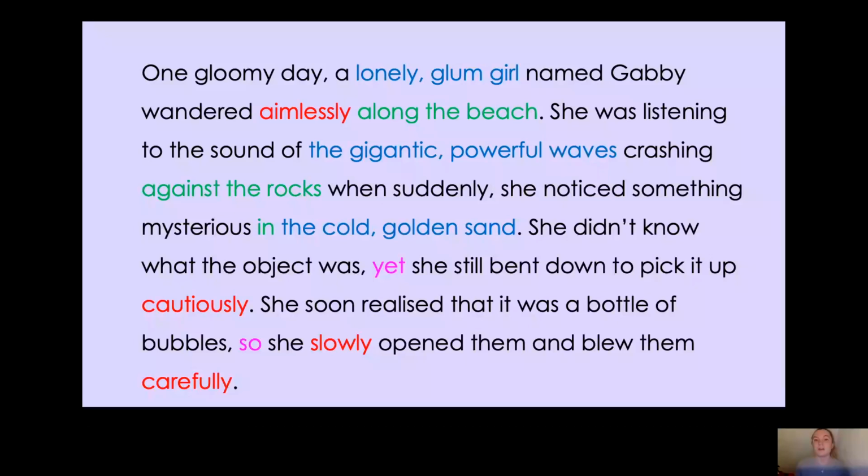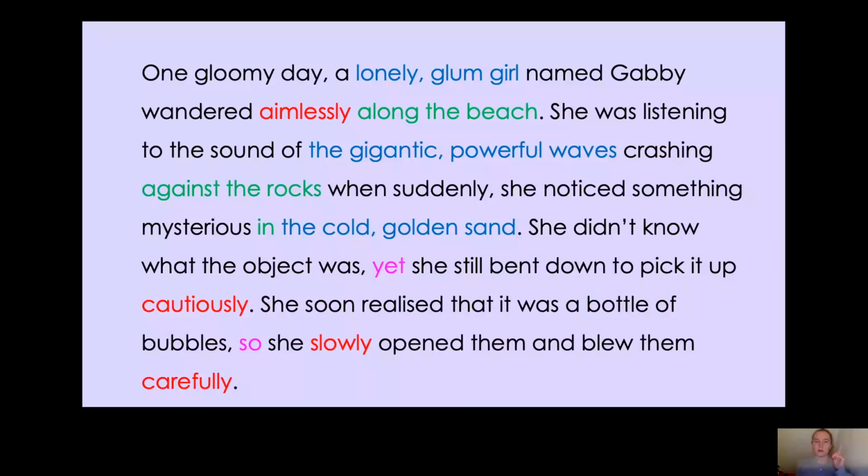Then we've got my expanded noun phrase, a lonely glum girl named Gabby. You could have a lonely sad girl or a lonely blue girl, or you don't even need the word lonely. You can change your expanded noun phrase with any noun that you'd like. One gloomy day, a lonely glum girl named Gabby.